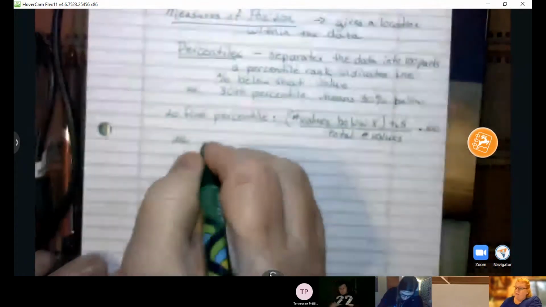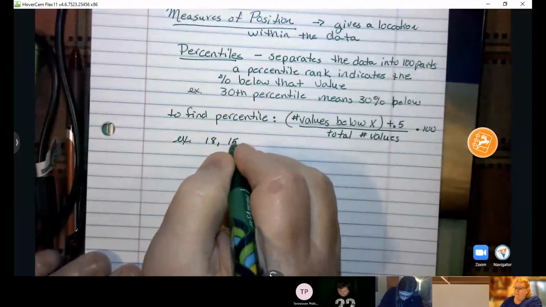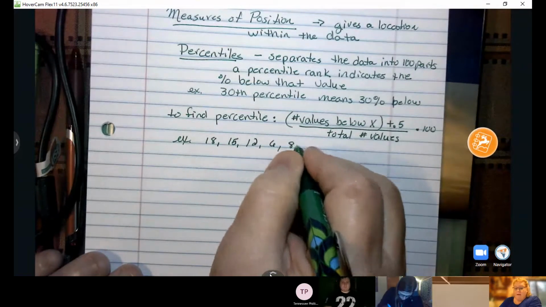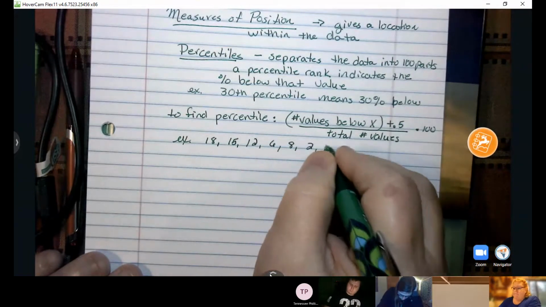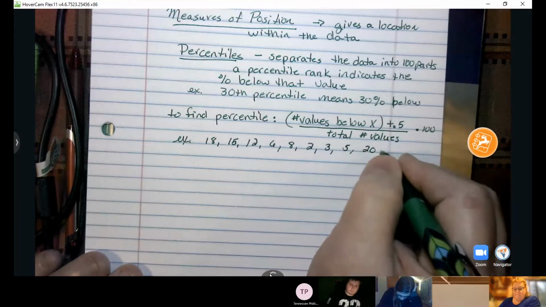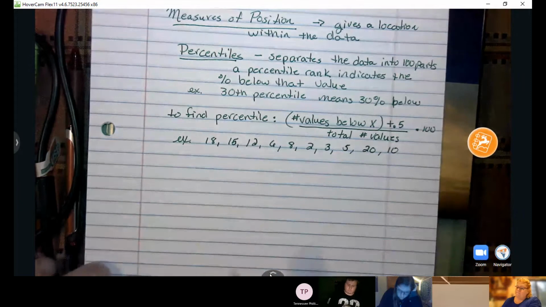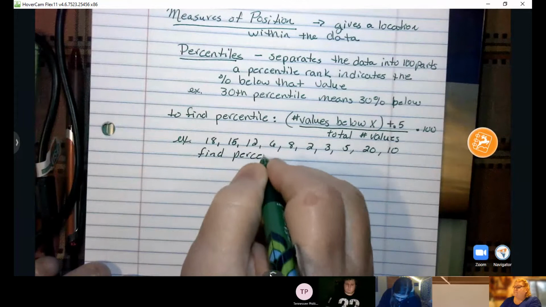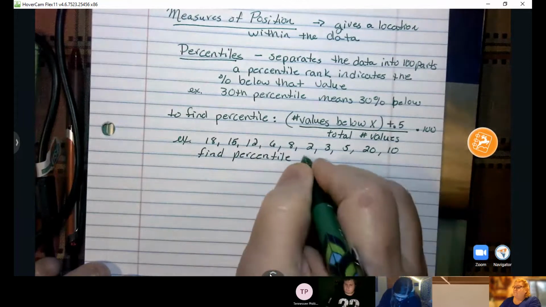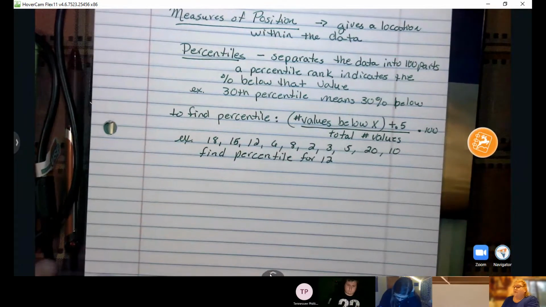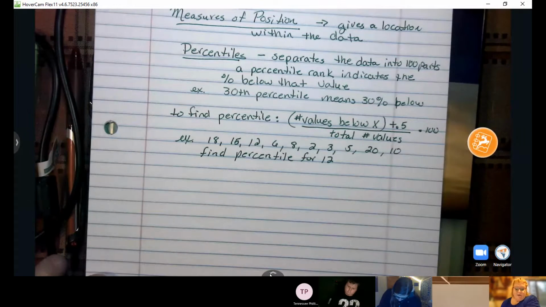So here's our example. We want to find the percentile for 12. The first step is to arrange our data in numerical order.